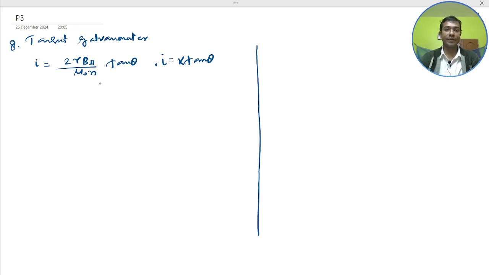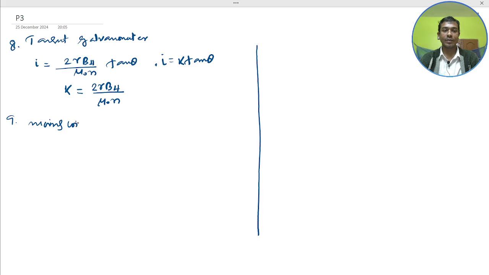The reduction factor of the galvanometer, K, is equal to 2RBH by mu naught n. Next is the moving coil galvanometer.